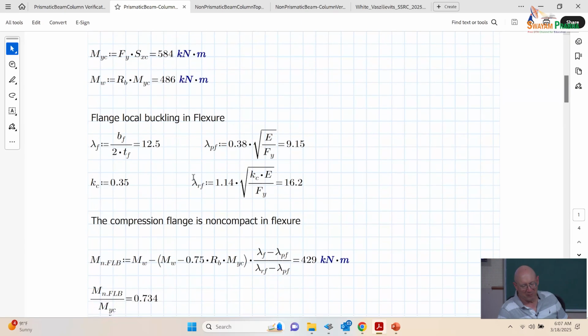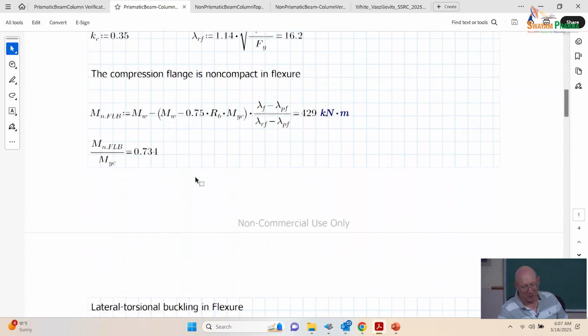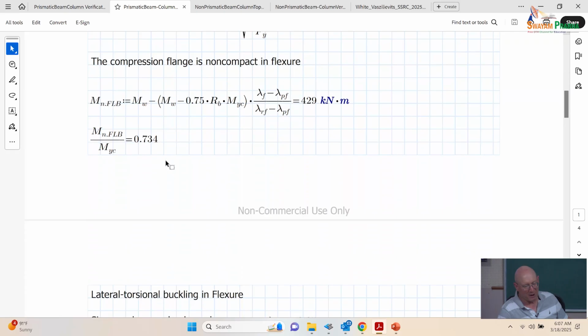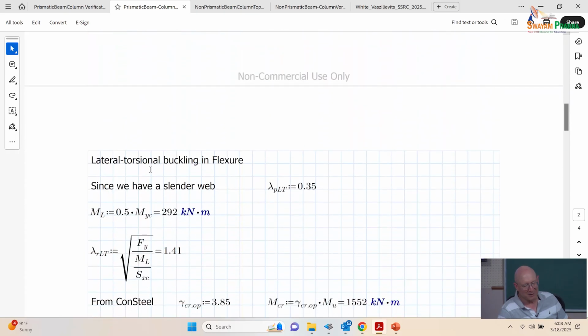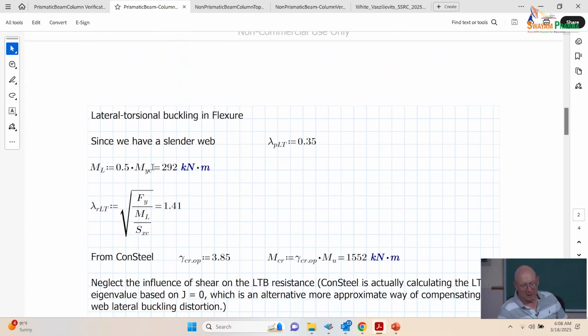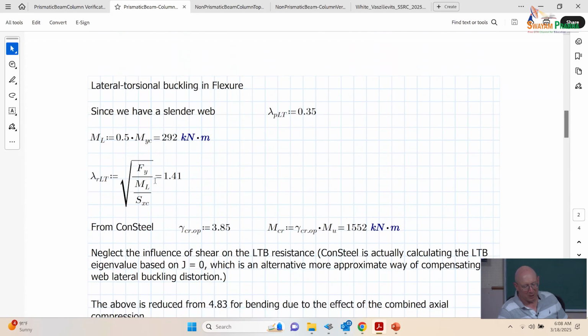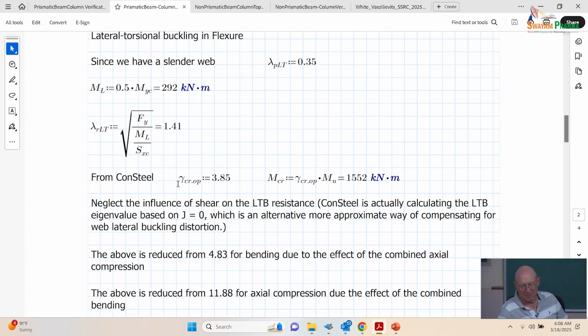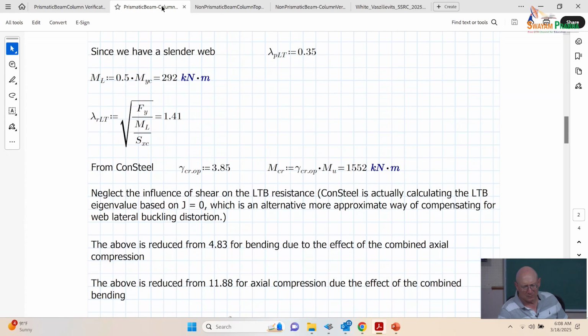Flange local buckling and flexure. Okay, this is the same as what we looked at before. 429 for the flange local buckling strength. Lateral torsional buckling in flexure. Okay, same lambda P, ML, lambda RLT, that's the same. Wait a minute. Right.